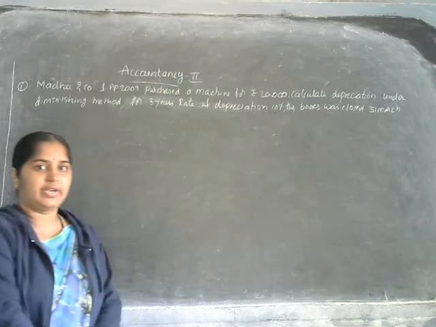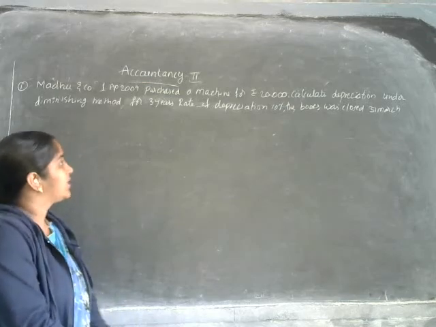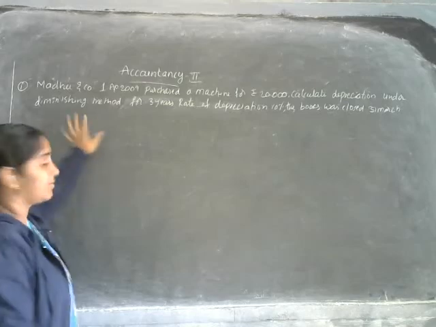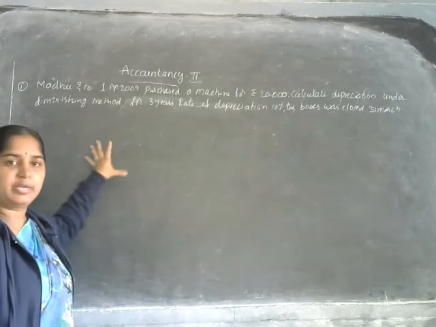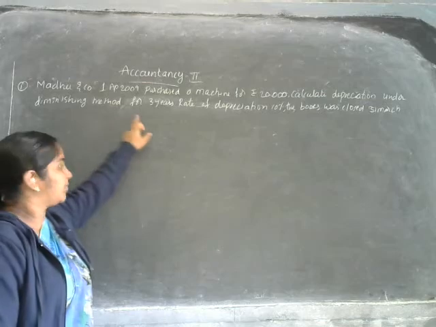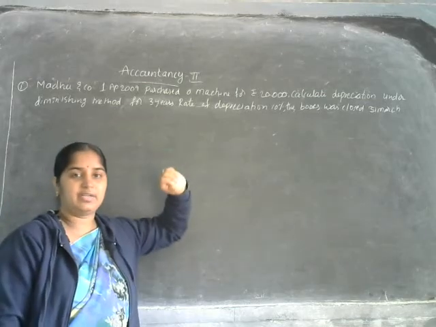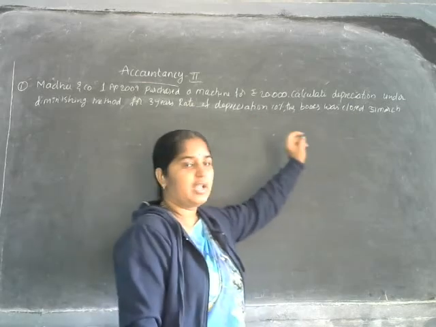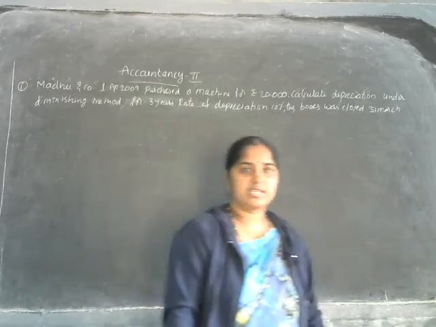The value is 20,000 rupees. Calculate the depreciation under diminishing balance method for 3 years. And rate of depreciation is 10%. And the books are closed on 31st March every year.